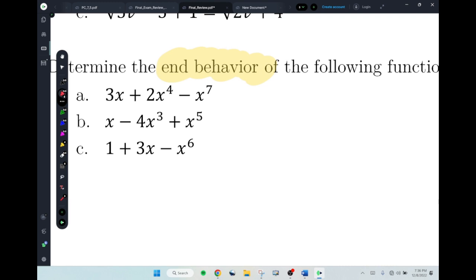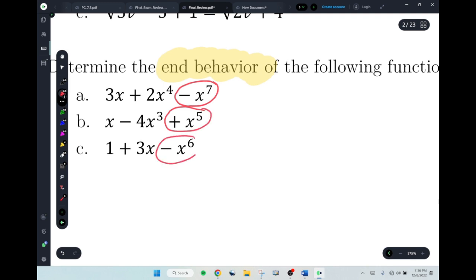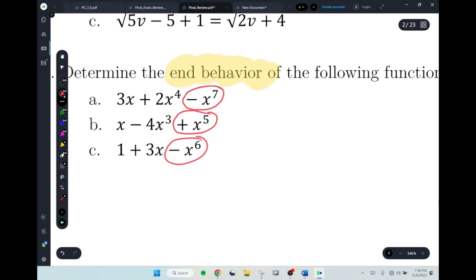The biggest one. Look at those big ones at the end. So we're going to look right here, and right here. We're looking at the biggest one, and we're going to say line or not line, parabola or not parabola.